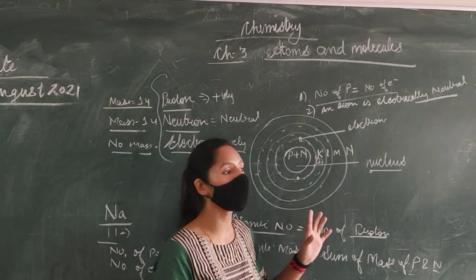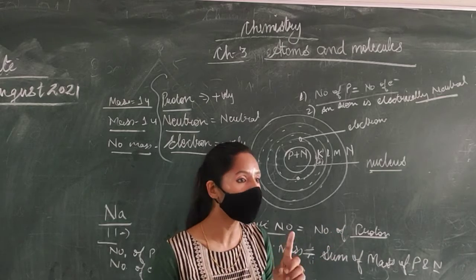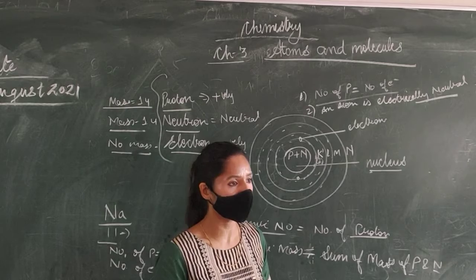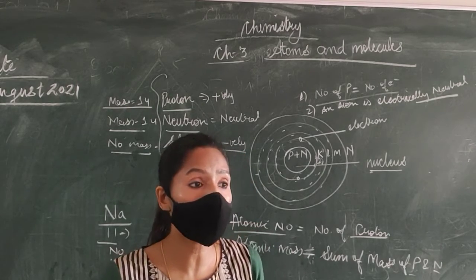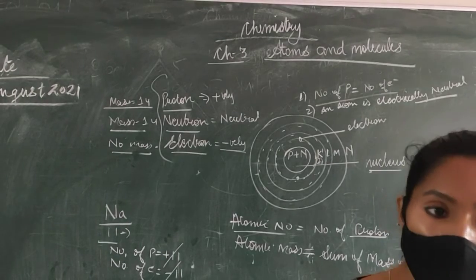If any atom does not have 2 electrons, if it just has 1 electron, it wants to have the maximum number of electrons to become stable.